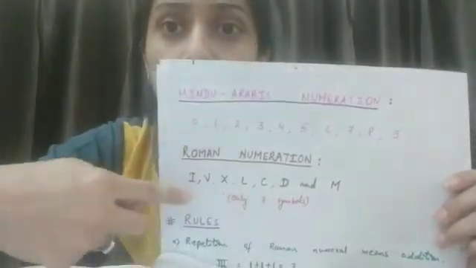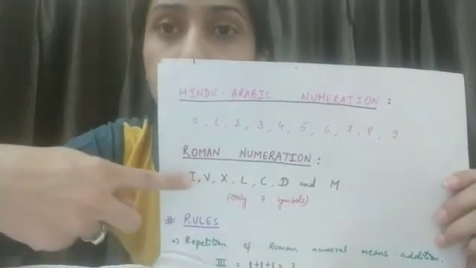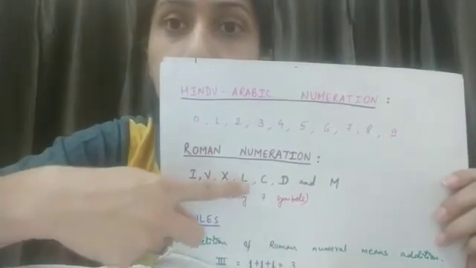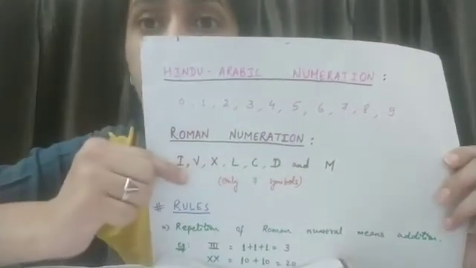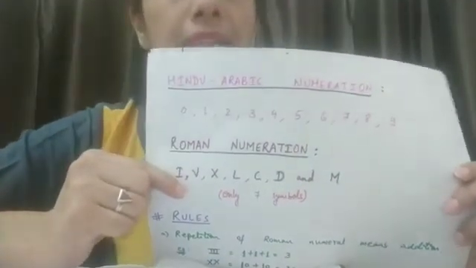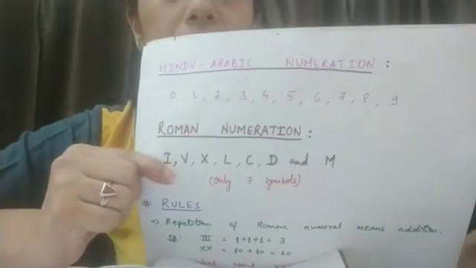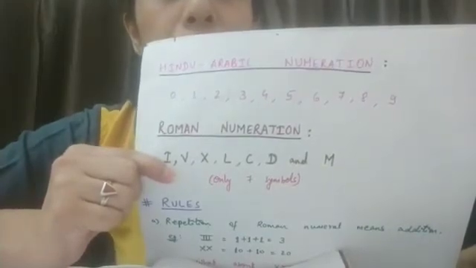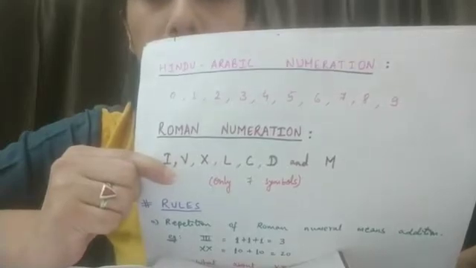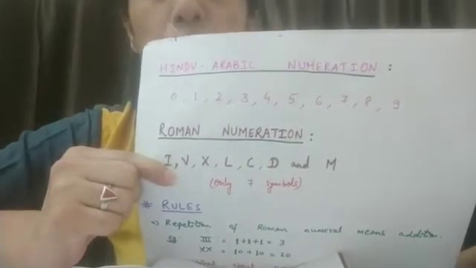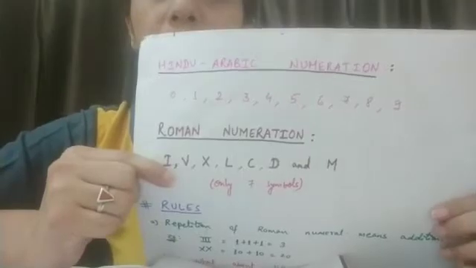In Roman numerals there are only 7 symbols: I, V, X, L, C, D and M. These symbols have no zero and no place values. So this is the basic rule.